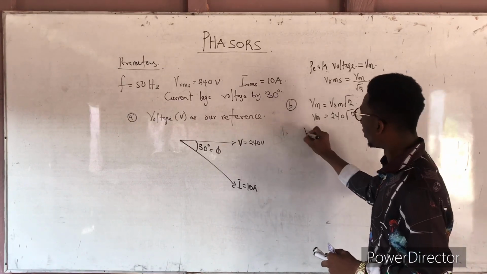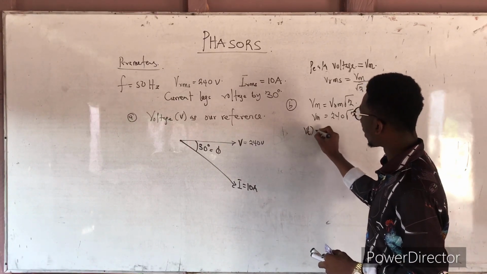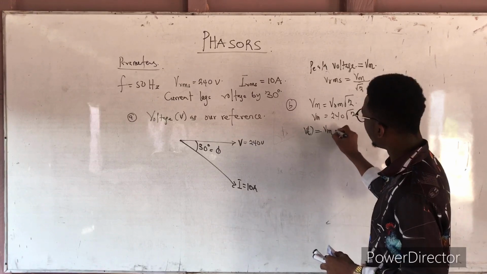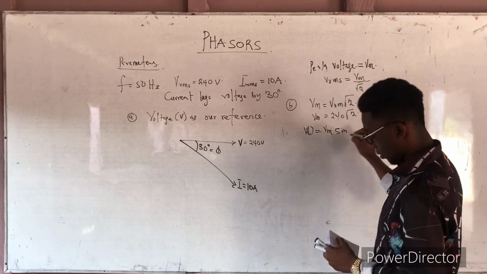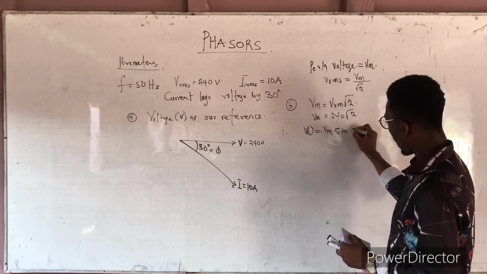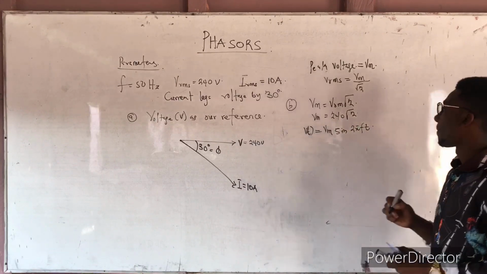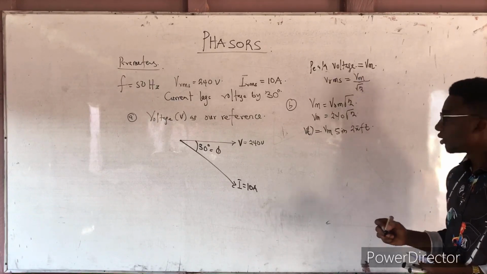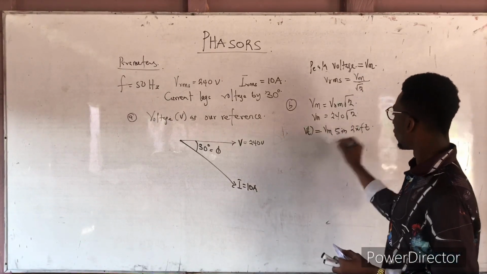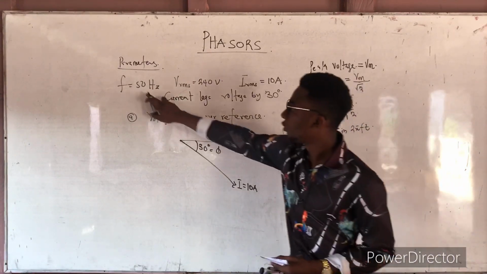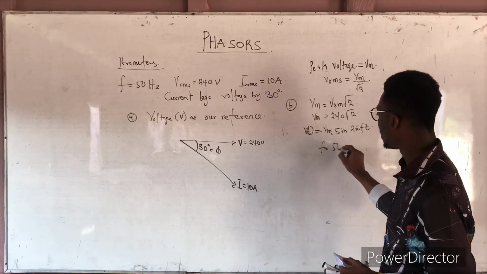So therefore, the voltage as a function of time is equal to Vm sine 2 pi ft. This is the equation. Now we have to fix the values in it. Our frequency was given as 50 Hz.